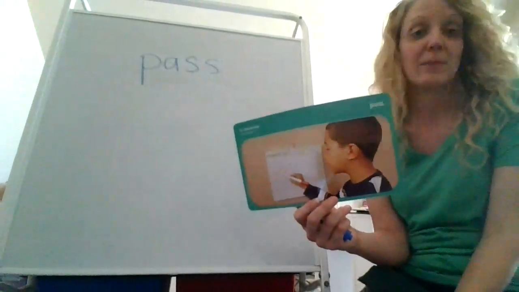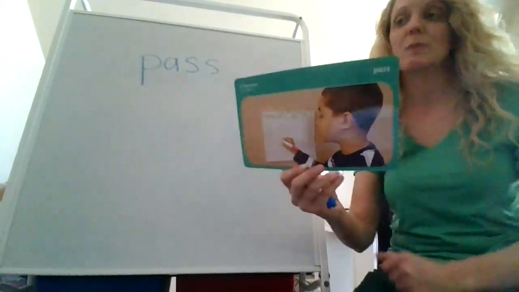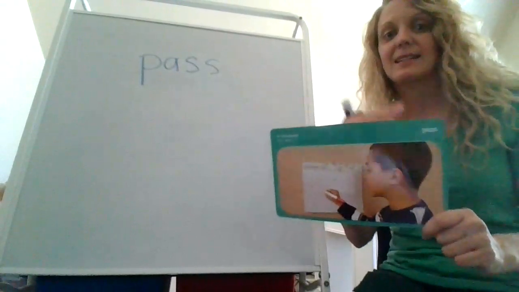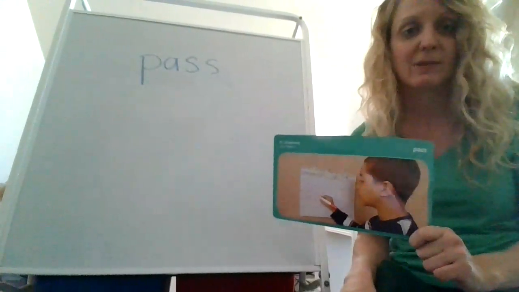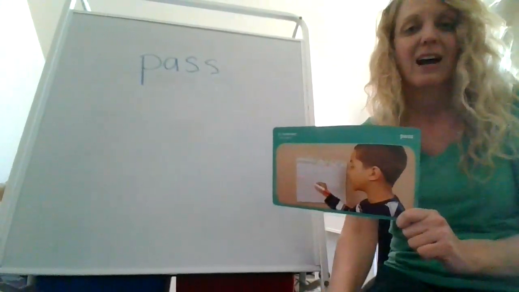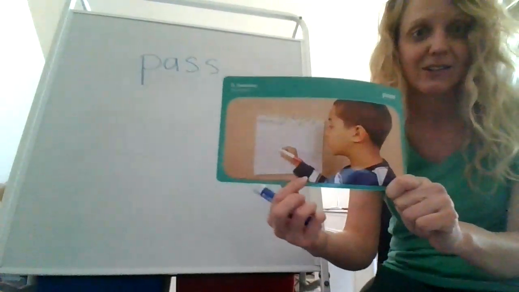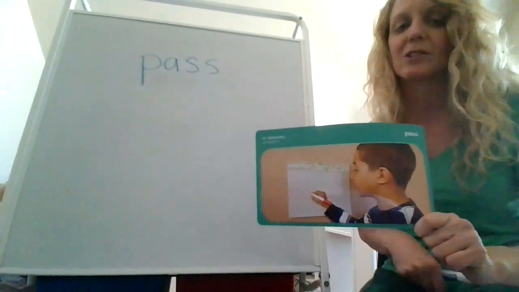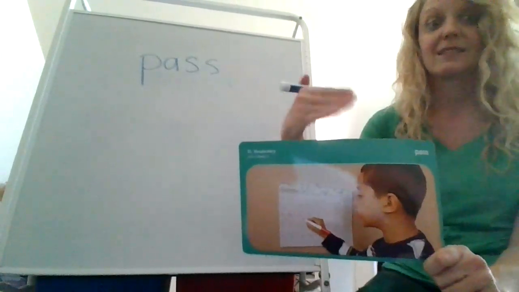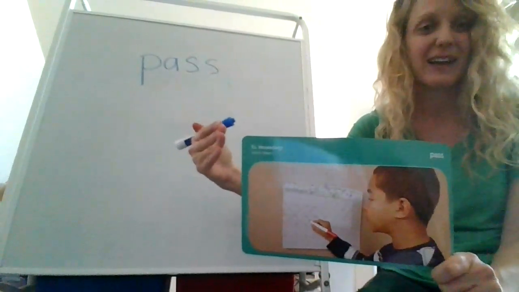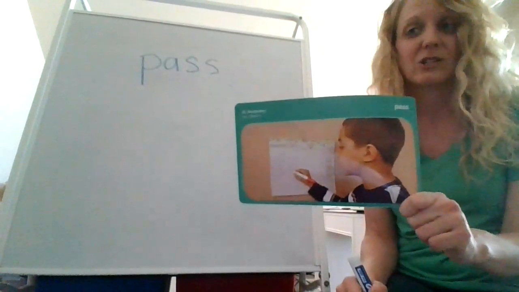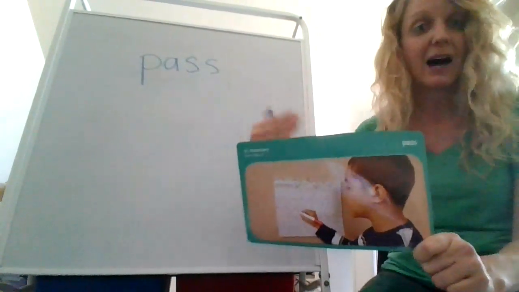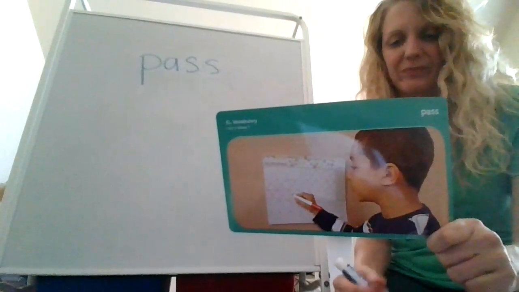So you might think about your birthday. You might think, how many days have to pass before it's my birthday again? A lot of times people like to look at the calendar if there's something they're really looking forward to, and they want to count how many days they have to get through until something good happens. And so pass just means how much time is going to happen.